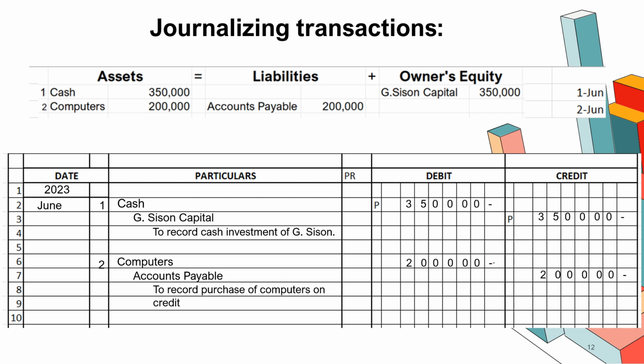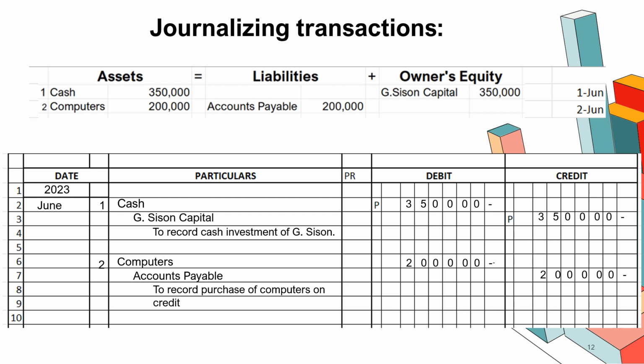Then after your credit entry, you have the explanation, which is also slightly indented, to describe the transaction that transpired. Then after that, you skip one line, leave one space, and then you move on to the next transaction. So let's say this is page number 1, and then you will accomplish page number 2. So that's the time that you will again write the year and then the month. So I hope that is clear with you.